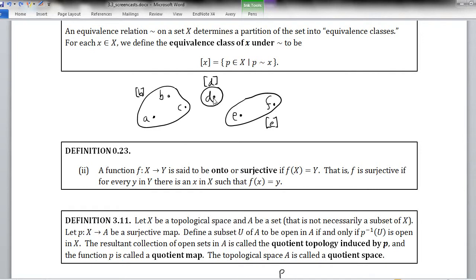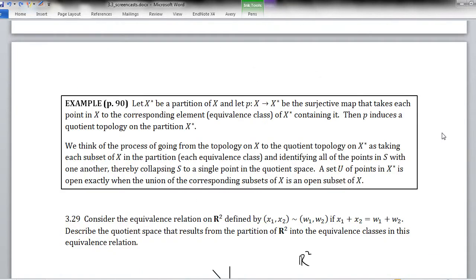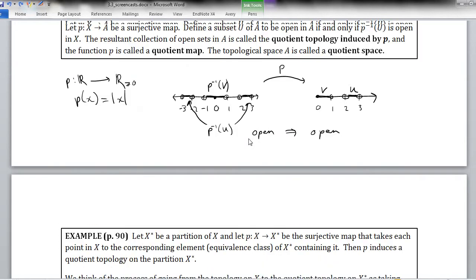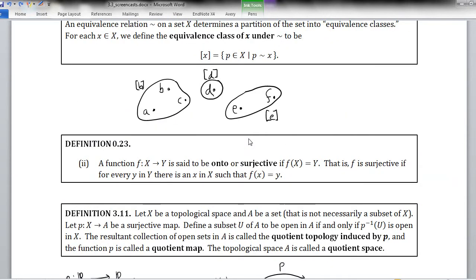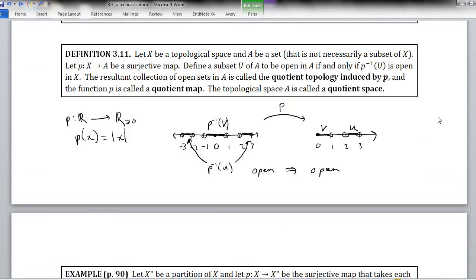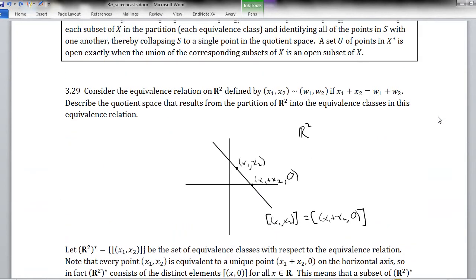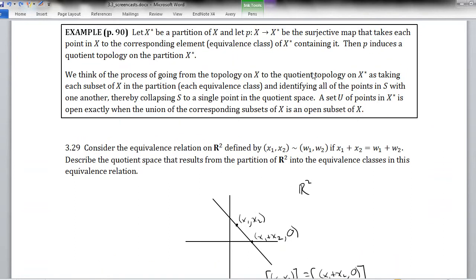We're going to map D to the set bracket D consisting just of itself, and we will map each of these 2 elements to the single subset consisting of both of them. So in that case, P would be a function from a 6-element set down to a 3-element set. Certainly surjective. And so basically, as you can read there, we are identifying these points together into a single set, or identifying these 2 together into a single set to get a smaller set X star. That's basically what I've written right here.